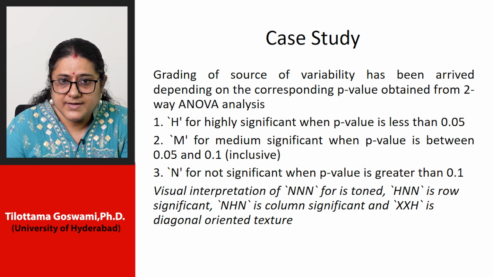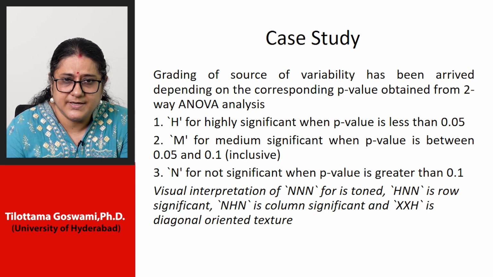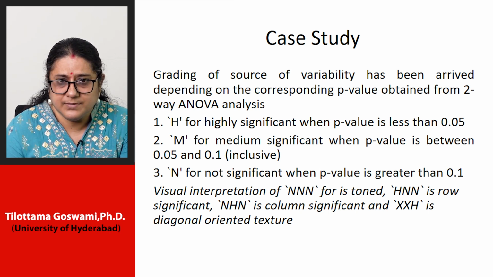There is another test called ANOVA, analysis of variance, where again a significance value plays an important role to reject or accept the hypothesis. Here we can see one example grading the source of variability.